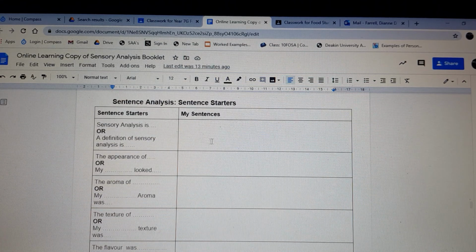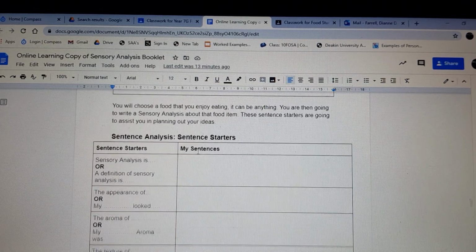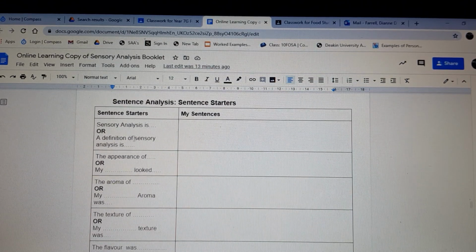So you can use the definition that you've written in this box as your review task into here. Sensory analysis is, and then you would complete the rest of that sentence in this box. Or you could say a definition of sensory analysis is.